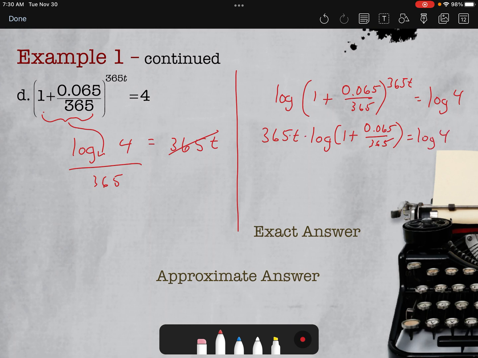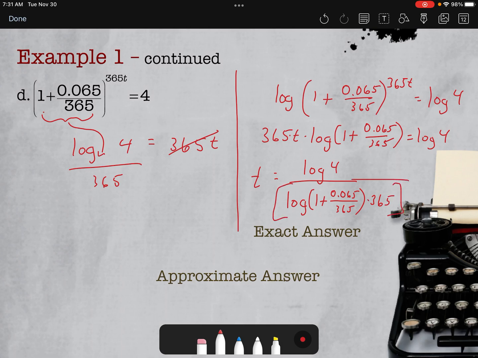Now this is multiply and multiply, so we would divide, but all this is the change of base formula. Now I also got to take that times 365, so I got to divide by all of that. That is t. But this and this are the same thing by the change of base formula. That is the exact answer.